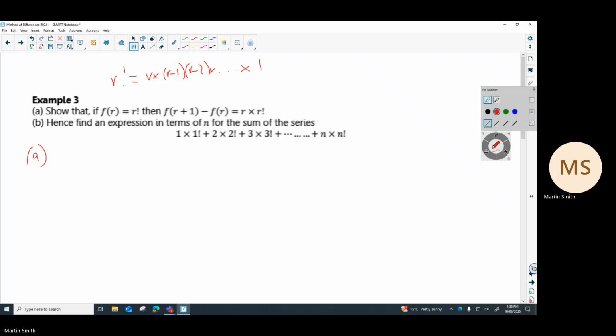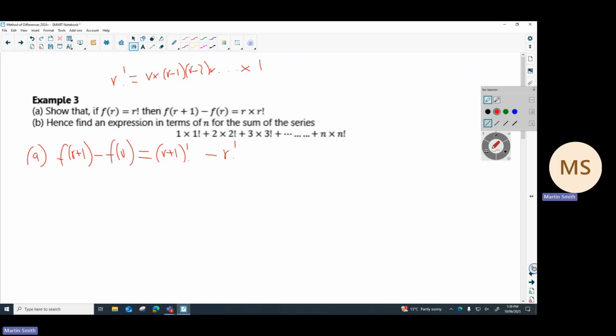So what is it going to be? So f of r plus 1 minus f of r is the following expression. F of r, we know, is r factorial. F of r plus 1 means replace r with r plus 1, and that is r plus 1 factorial.